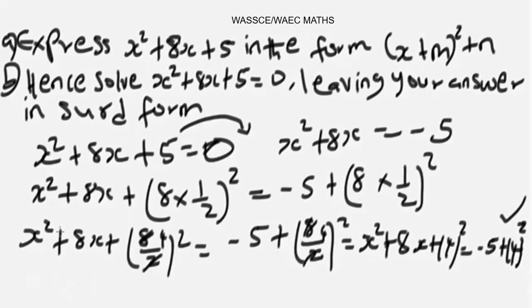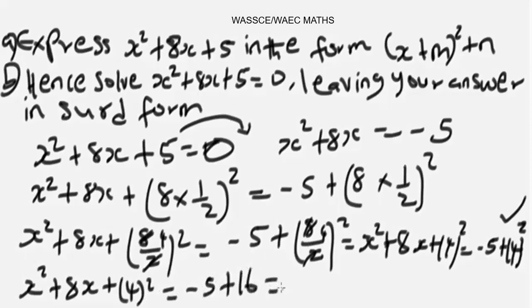Now 4 squared is what? 16. Minus 5 plus 16 will give us 11. So we have x squared plus 8x plus 16 equals 11.